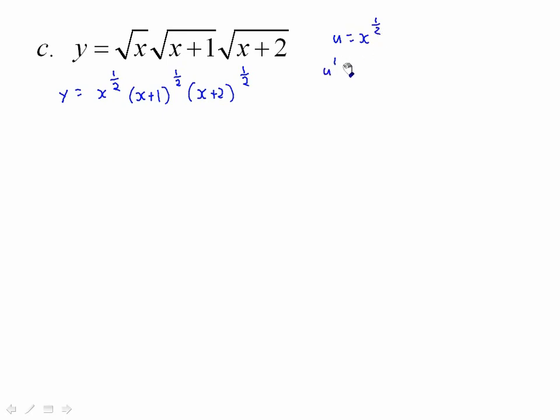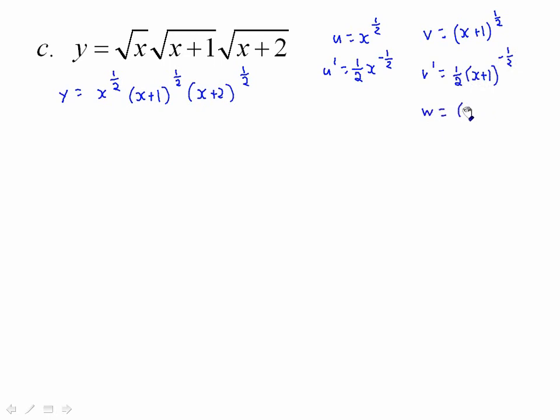So u prime is equal to 1/2 x to the negative 1/2. And then v is equal to x plus 1 to the 1/2. And v prime will therefore be equal to 1/2 x plus 1 to the negative 1/2 multiplied by 1. So the derivative of x is just 1. I'm going through these ones fairly quickly if they're simple.